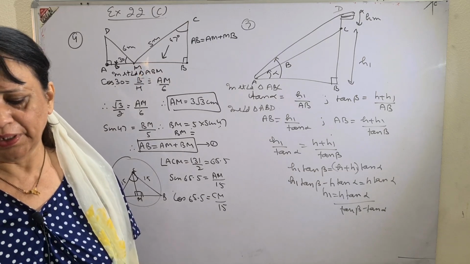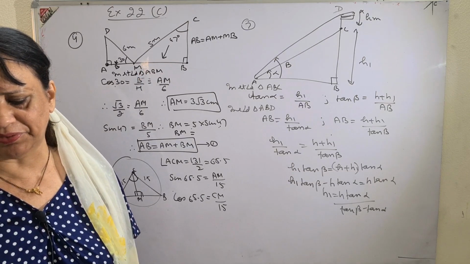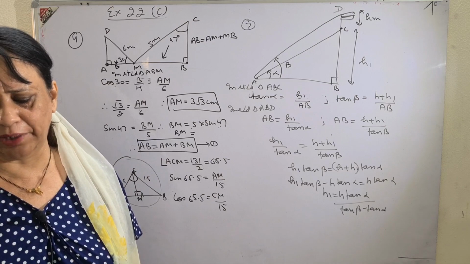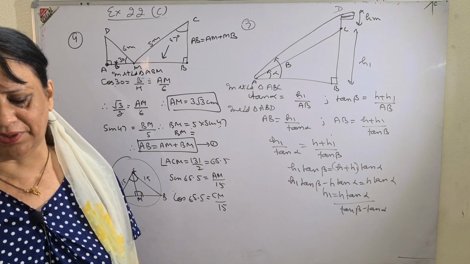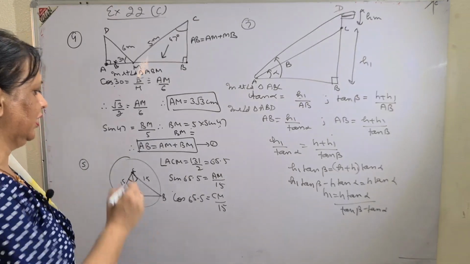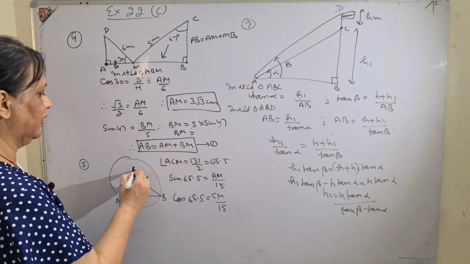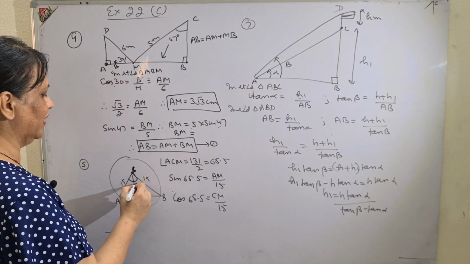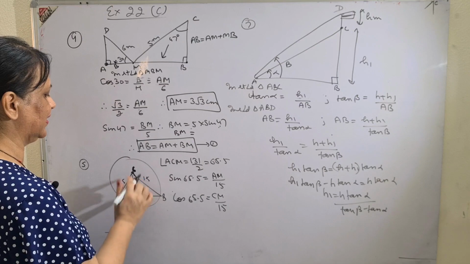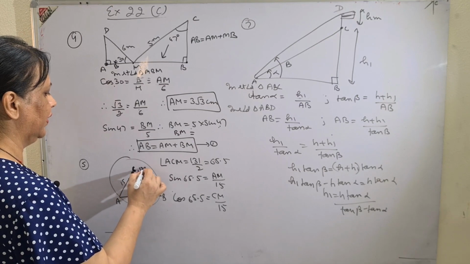Question number 5. The radius of the circle is given as 15 centimeter and chord AB subtends an angle of 131 degree at center C of the circle. So C is the center and a 131 degree angle is subtended at the center by the chord AB.